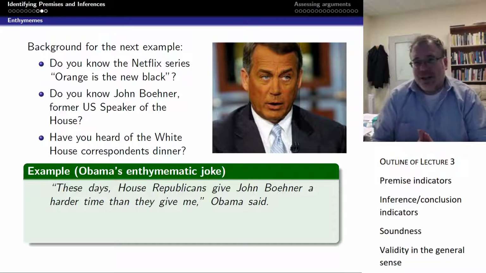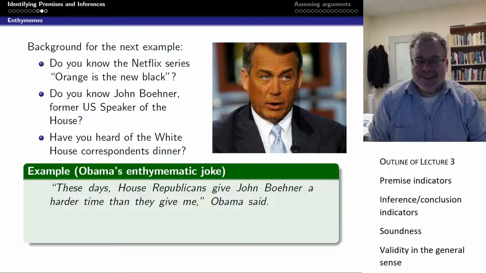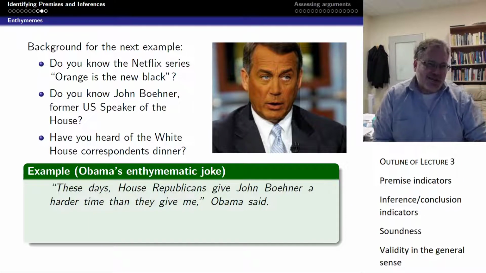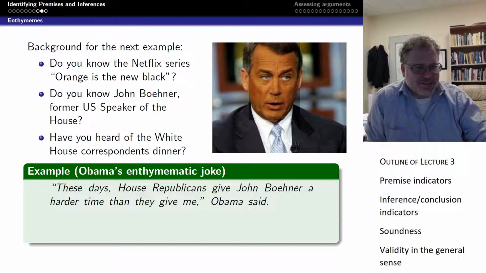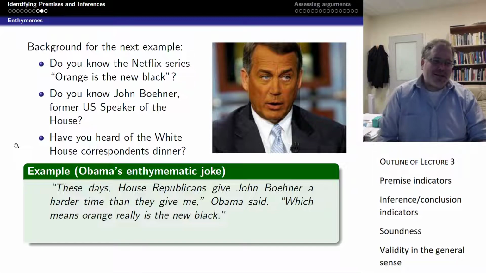And Obama was very good. He has a good sense of humor, or at least he had good writers. Anyway, he said, "These days, House Republicans give John Boehner a harder time than they give me, which means orange really is the new black."